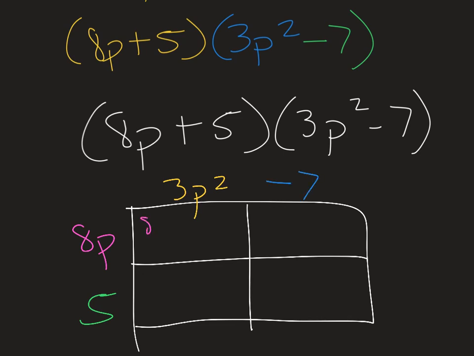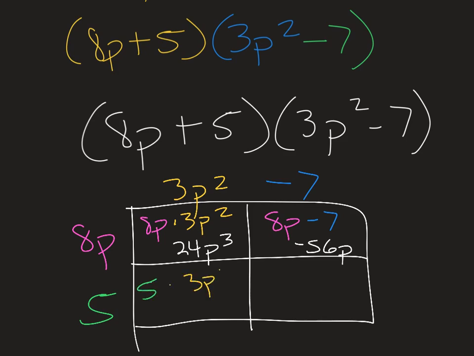So I'm going to do 8p times 3p to the second. So that's going to leave me with 24p to the third. 8p times a -7 is -56p. 5 times 3p to the second gives me 15p to the second.